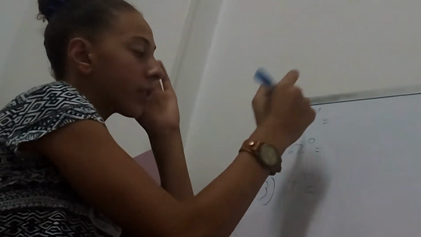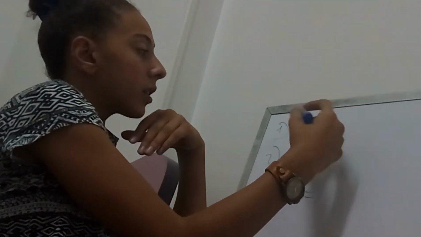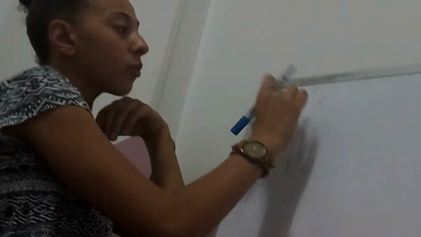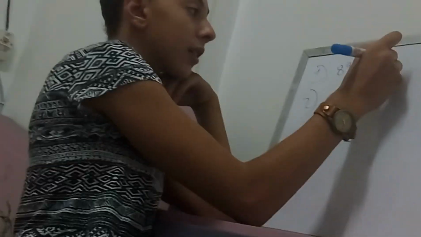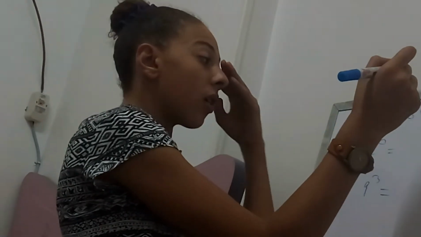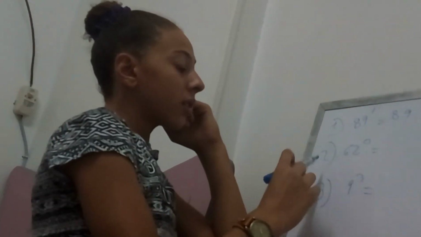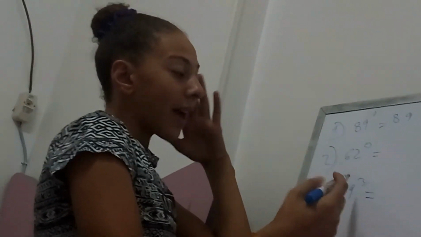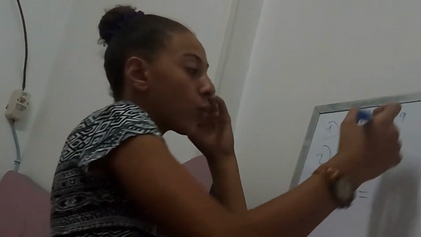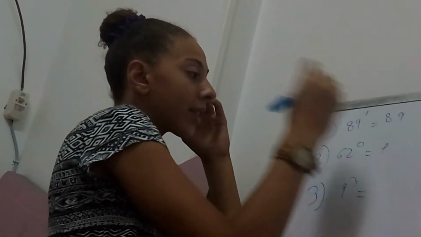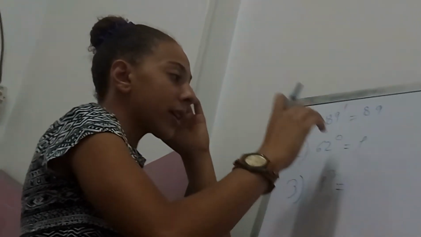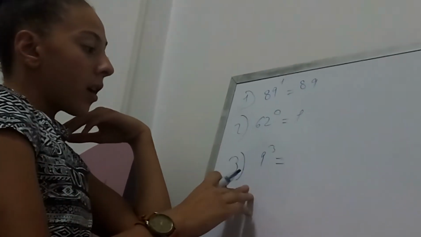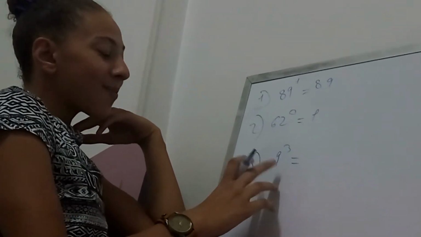Okay, first question. 89 power 1. We said anything power 1 is the same number, so 89 power 1 will be 89. Okay, number 2. 62 power 0. We said anything power 0 is 1. So once you see a 0 in the exponent, the answer is 1 directly, without even thinking about it. Okay? Number 3, 9 power 3.